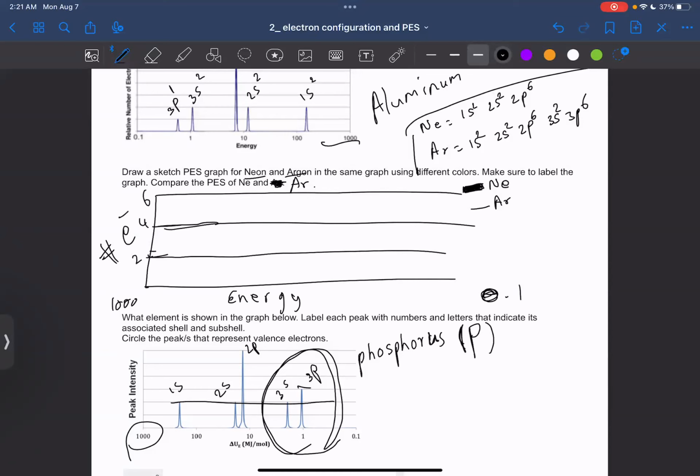All right, so let's draw neon. 1s2, 2s2, and 2p6. That's the neon.